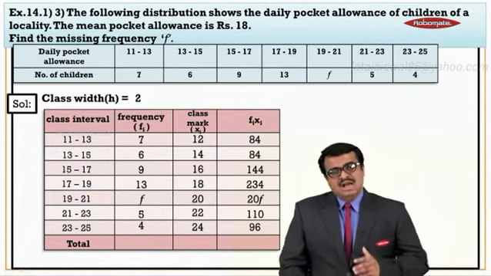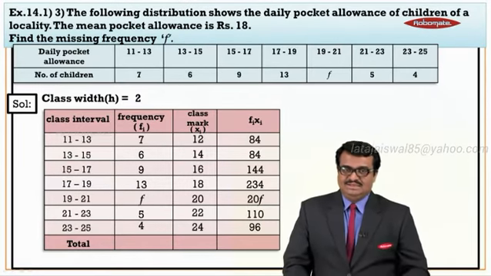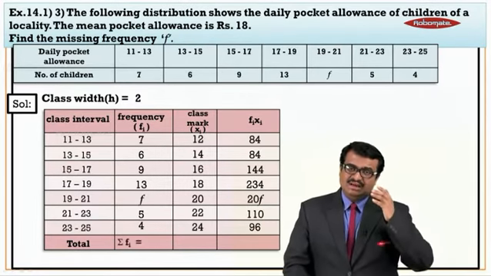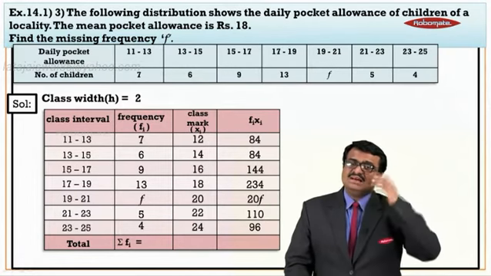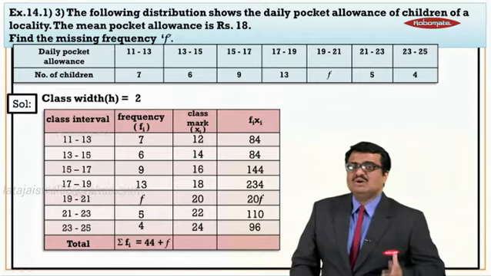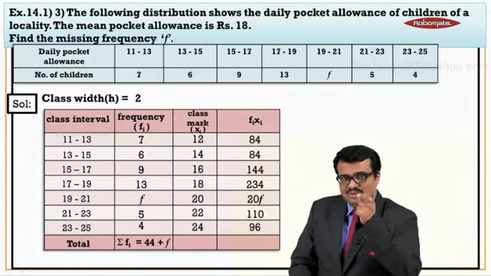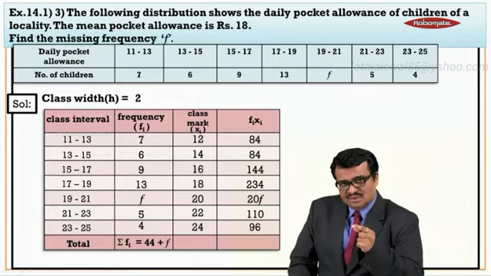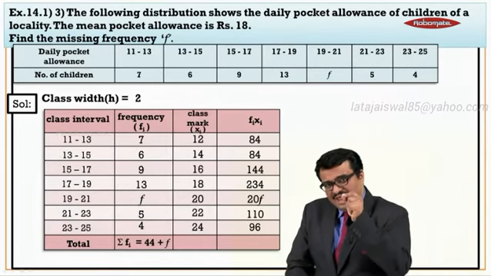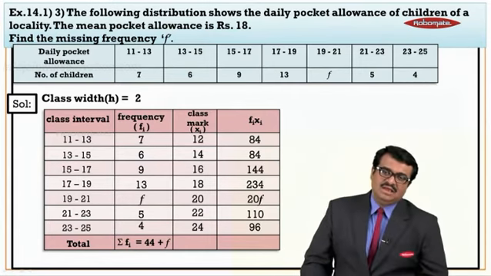After finding all these columns, now we have to find the total of the frequency, that is sum of Fi. How do you get sum of Fi? By adding all the Fi. Add all the numbers, you get 44, and there is one F also. So 44 plus F will be the sum of all the frequencies.